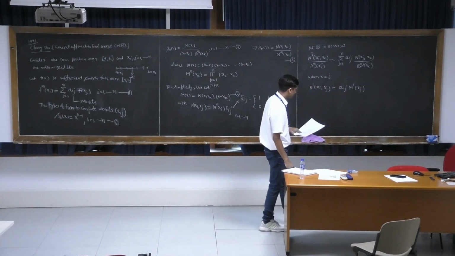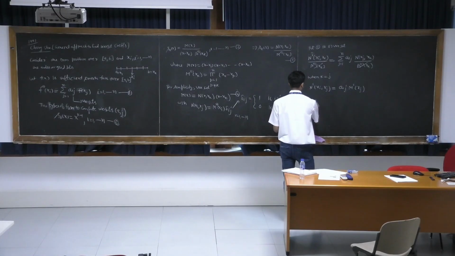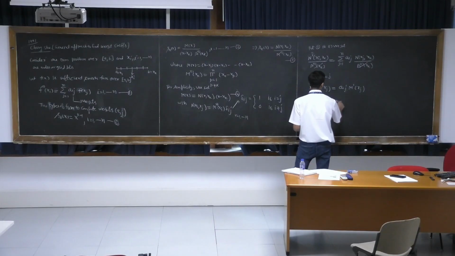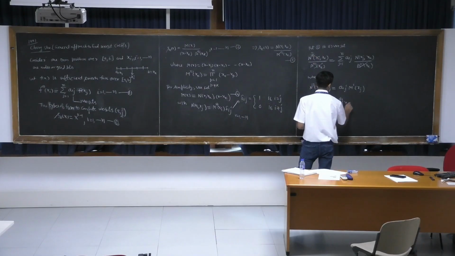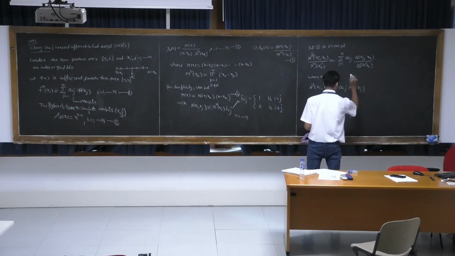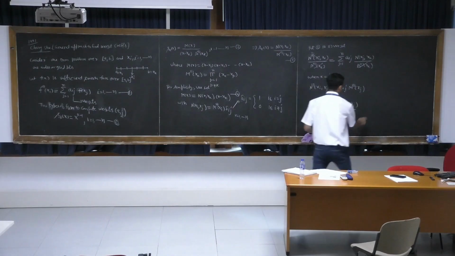So this means aij is equal to the first derivative at the point xi, xj, divided by the first derivative of M at xj. Say this is number 6.